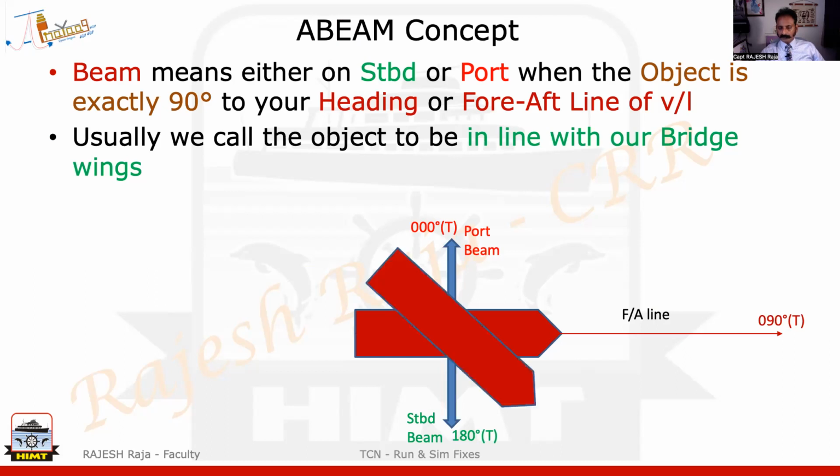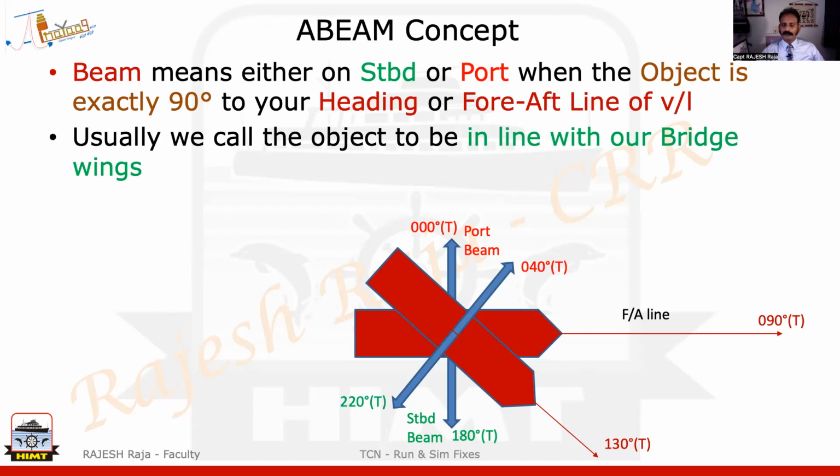Now, let us change the vessel's heading orientation. If I change the vessel's orientation to 130, please remember, I have changed the vessel's orientation. Relatively, they are exactly 90 degrees away. But in the true sense, please see the reading changes.